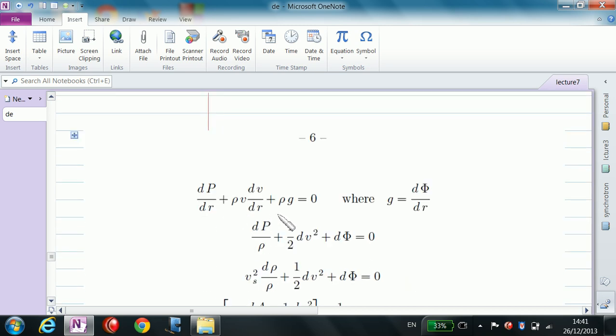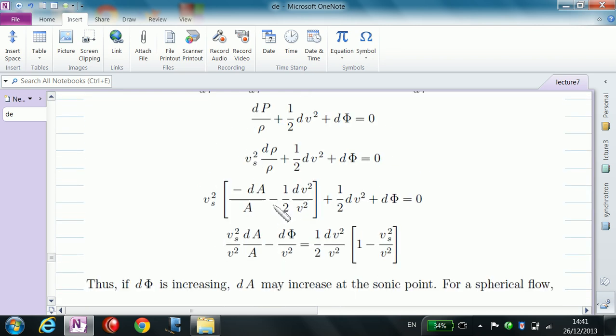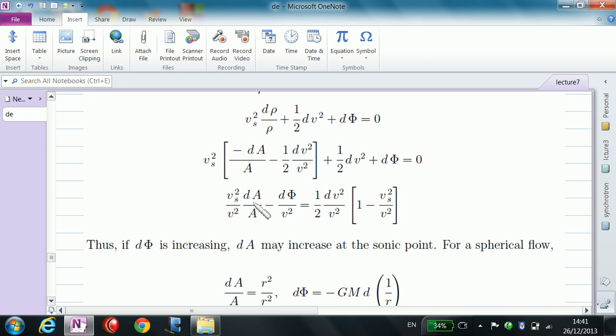Same as before, but now I put in gravitation. So g is the gravitation, rho g is the gravitational force. I do the same thing as before. I'm going to have one extra term, d phi. And now instead of dA over A equaling this term, which I had before on the right hand side, there's this extra term, d phi over c squared.